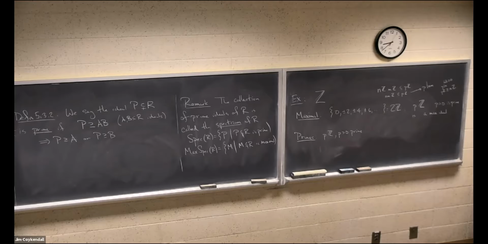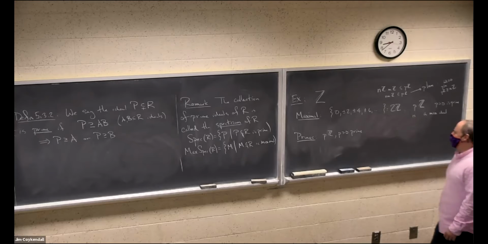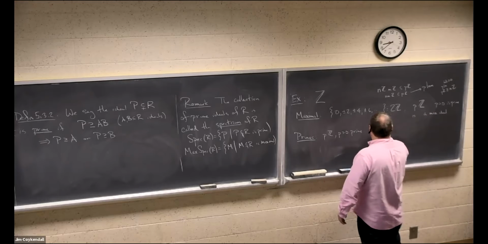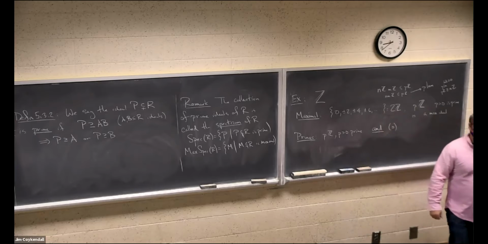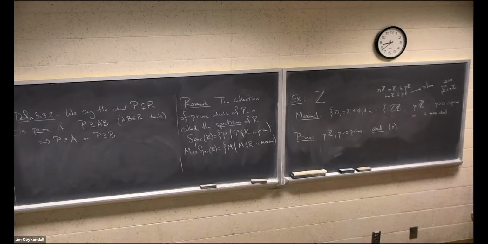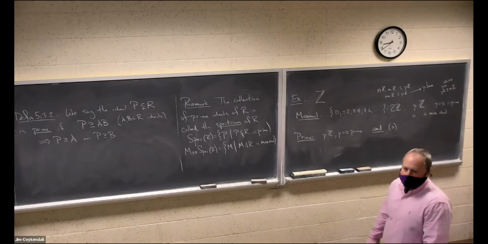Can't be itself, right? Because the problem is that I demand that these all be prime. Why don't you go to the other extreme? Zero is a prime ideal. Because if zero contains nm, the only way that can happen is for one of n or m to be zero.